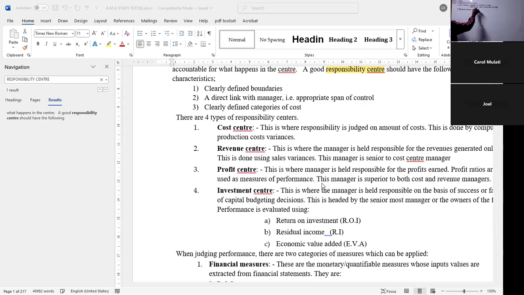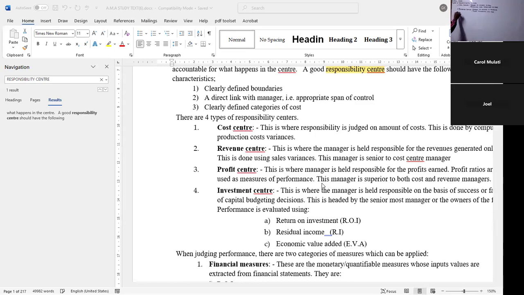It is judged on amount of revenues. And what they use to judge that, sales price variances are used. Sales variances are used. That is what they use to judge the performance.